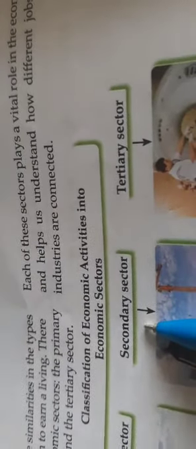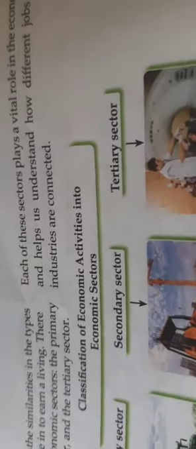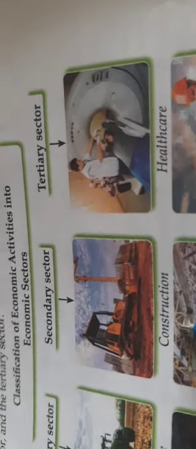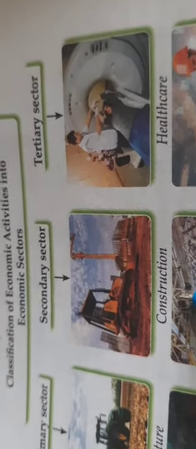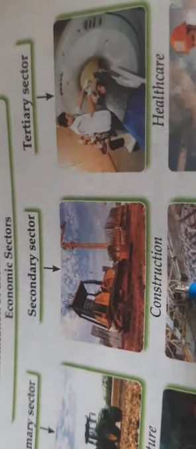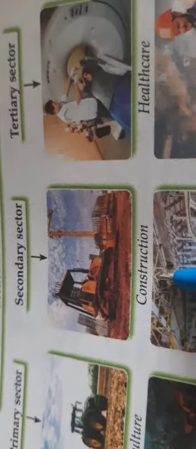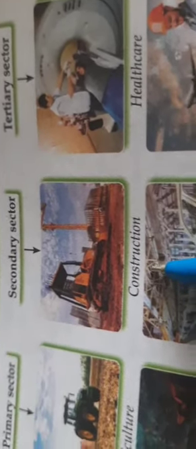Now second is the secondary sector. In the secondary sector, we can see that construction of buildings, dams, and bridges come in this sector. Second, manufacturing. In the manufacturing sector, manufacturing of cars and bikes comes into this sector.